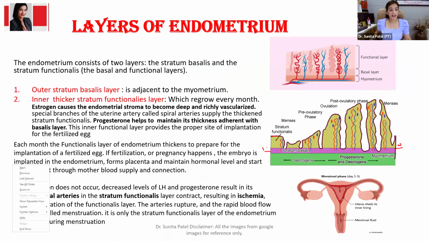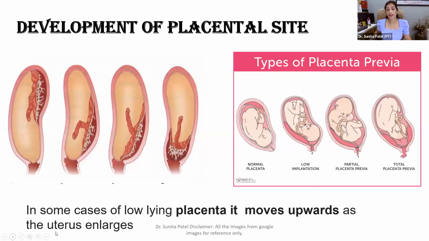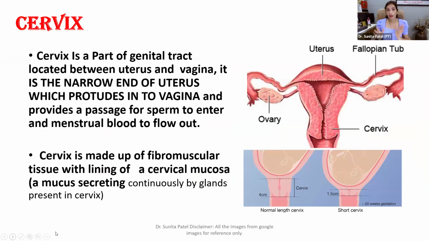So we discussed everything up to here yesterday. And we also understood what the complications can be if placenta previa happens, and what we should do as a physio if placenta previa happens.